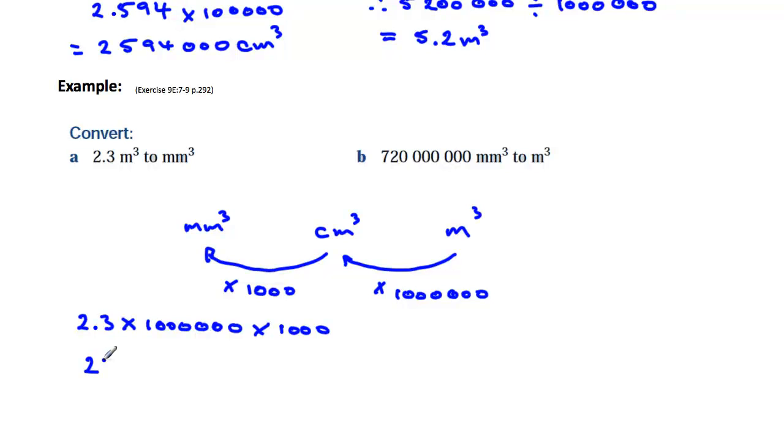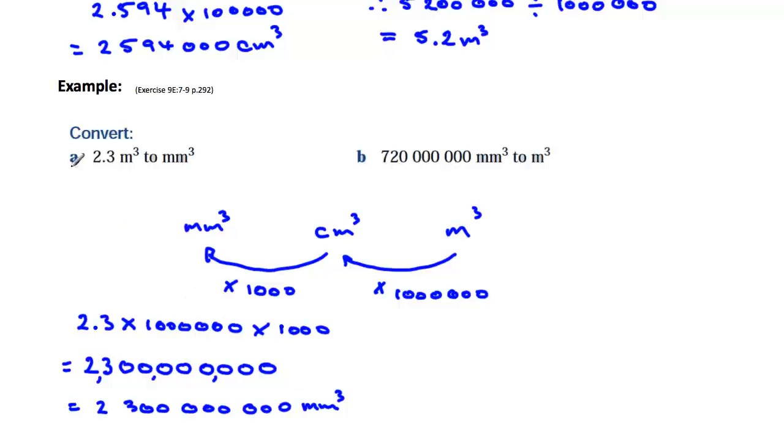I'll just put commas in now to see the separations, or you should do a space. So if I wrote this properly, it would be 2,300,000,000. That's how many millimetres cubed there are in 2.3 metres.